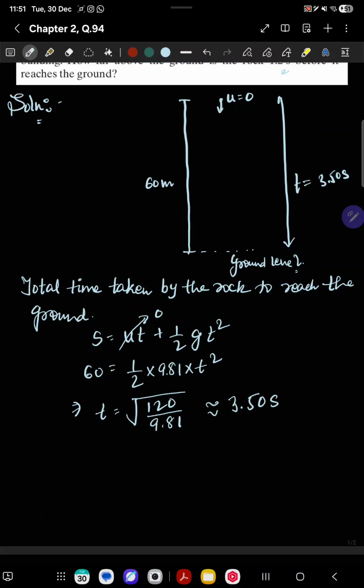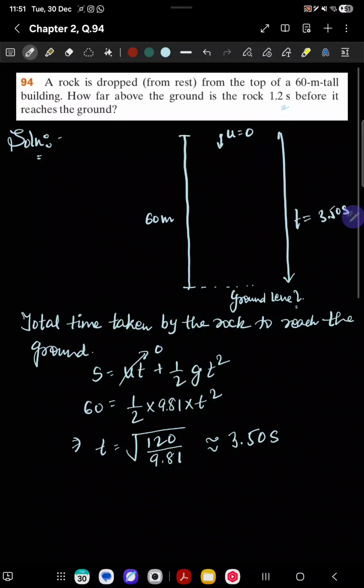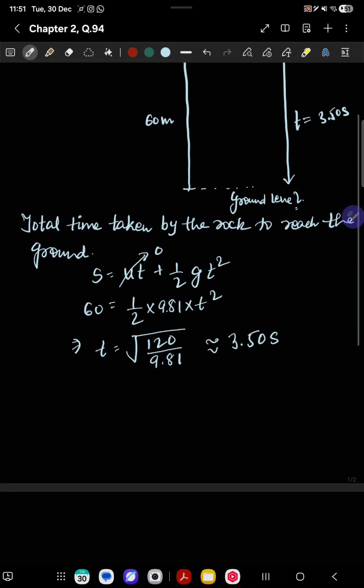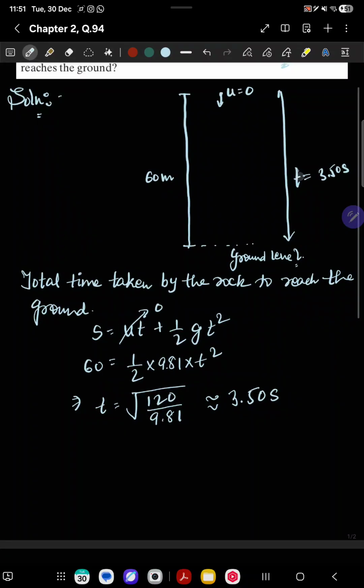Now it is saying that we need to find out the rock's position when it was 1.2 seconds above the ground. So I am breaking this total time into two parts. This is t1 and this is t2.